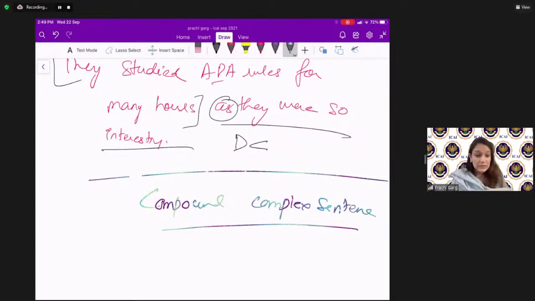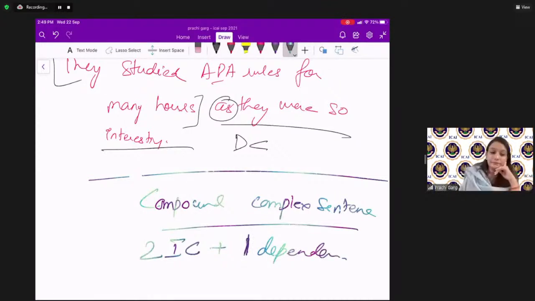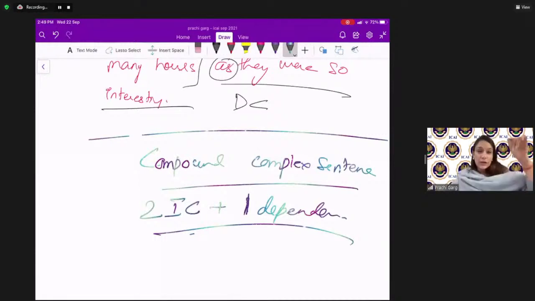That means compound complex sentences are those sentences which have two independent clauses and at least one dependent clause. Are we clear with this? So whenever you're practicing, just to make your work easy, you can write it like this on the top of the topics that you're studying.